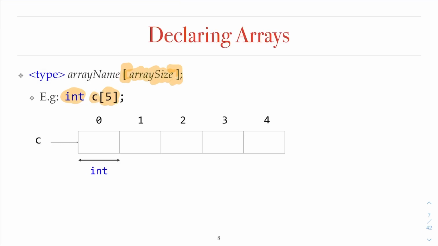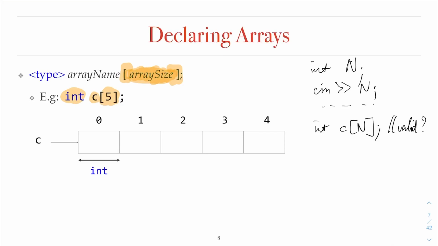One thing I want to note is that array size is a constant. Some of you may say, let's say I have an integer n, and let me ask the user to type in the size of their array, then I declare an integer array C with n. Is that valid?